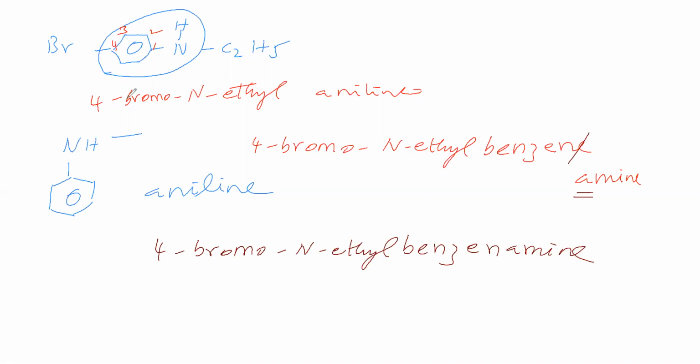Okay, next compound we will take. Now NHEt, Et is called the ethyl group. Then we will write the phenyl ring, then NO2 and Cl. How to say the name of this compound? We can say this is aniline.